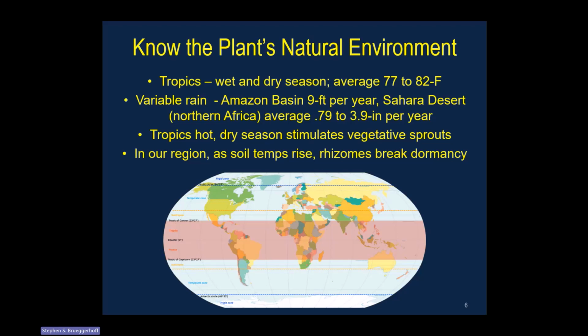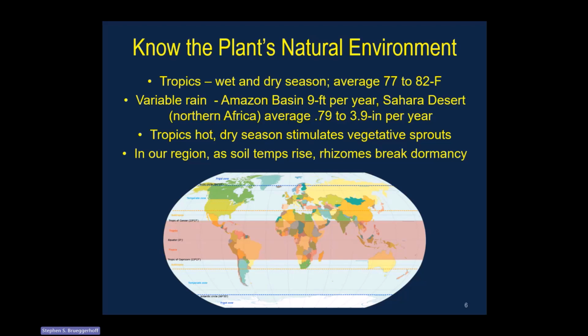distribution? Most of the species that I mentioned occur in tropical areas of the world. If you look at this map, there's a broad, general band of where these plants occur. They occur in the tropics, and the tropics have a wet and dry season. They really don't have a winter as we experience it, or spring.